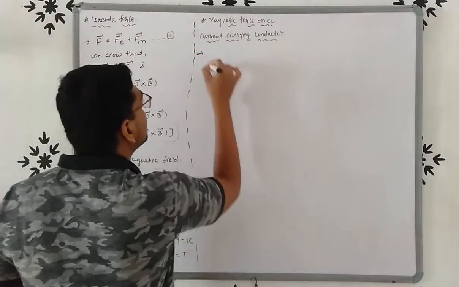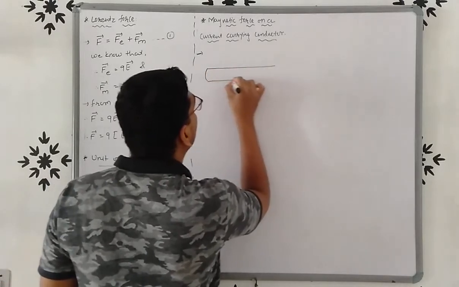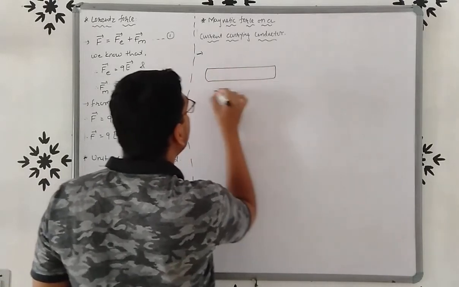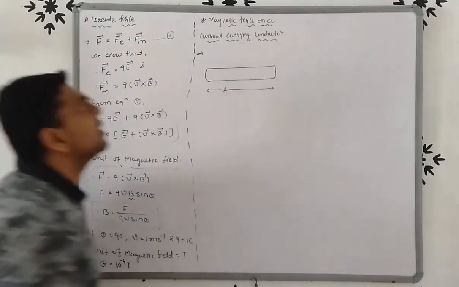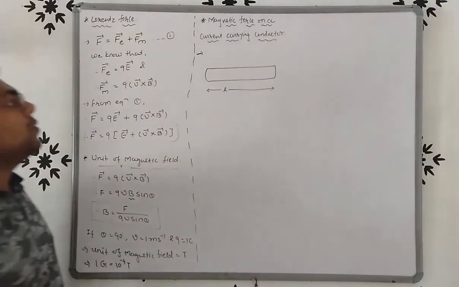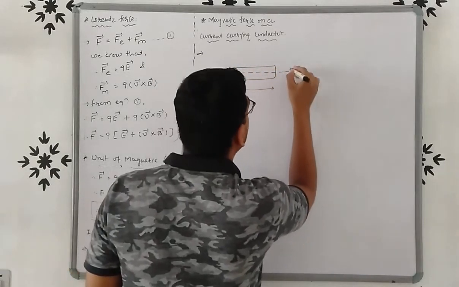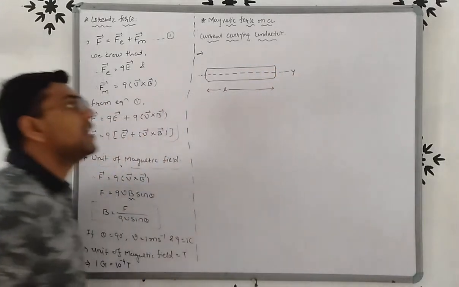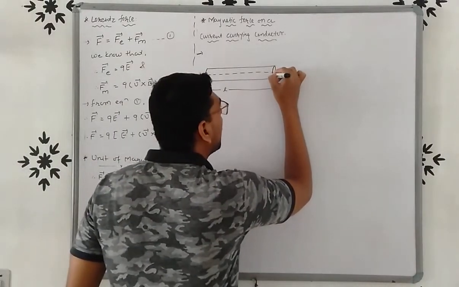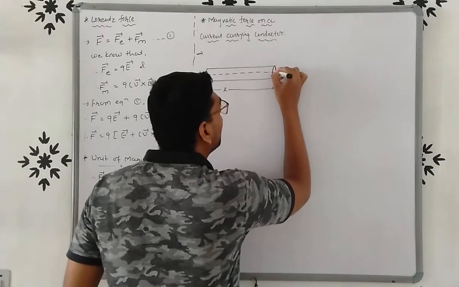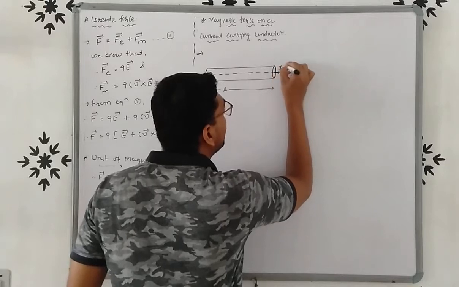So here friends, this is the conductor having cross section area A and length L, right? Now this current carrying conductor is on the y-axis, right? So the current carrying component of this conductor is like this side, IdL.